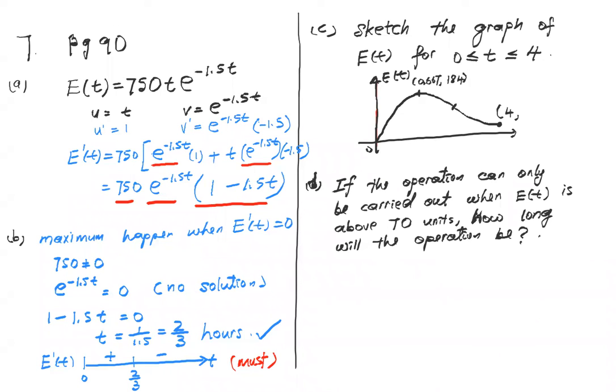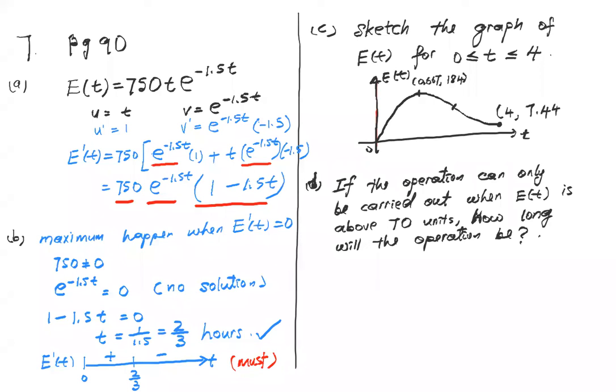Okay, thank you. Okay, when t equal to 4, what is the value? Can someone give me? Hello? Okay, 7.436.